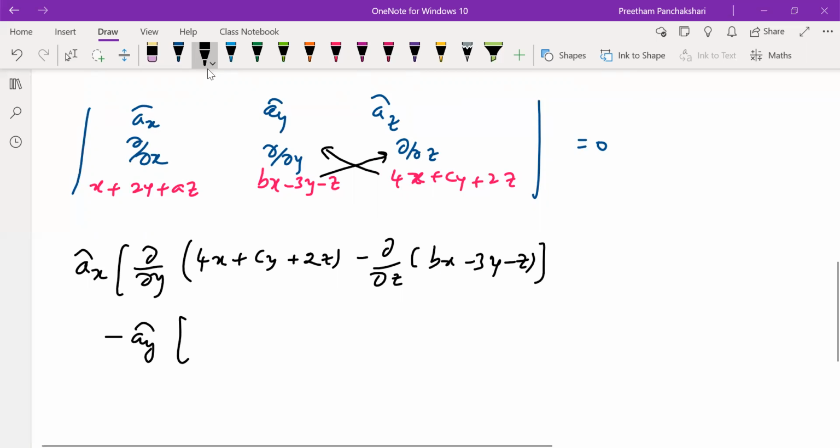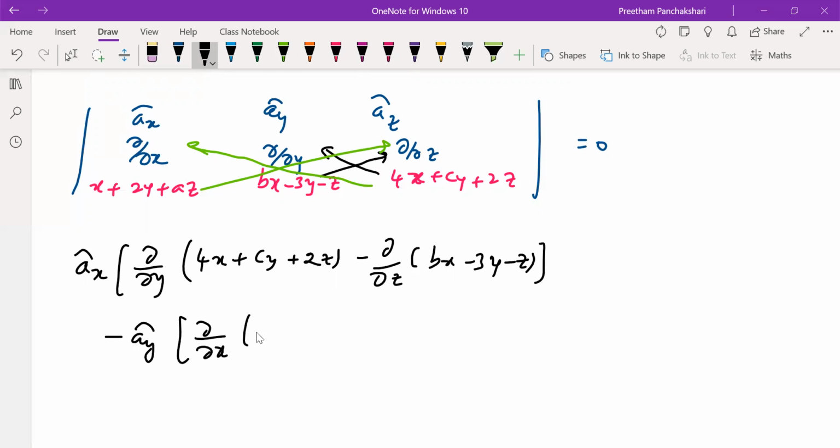Minus AY cap. So in this case, multiply these terms, then subtract dou by dou x of 4x plus cy plus 2z minus dou by dou z of x plus 2y plus az.